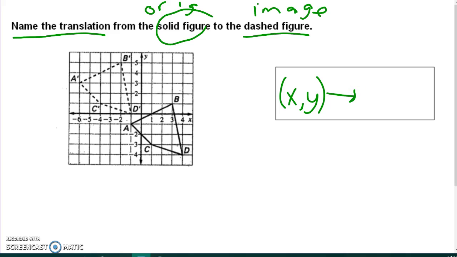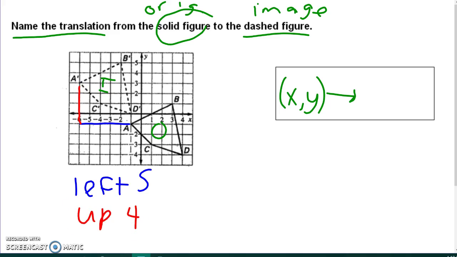So again, this one's our original, this one's our image, and let's look at A to A'. It looks like A is moving over 1, 2, 3, 4, 5 coordinates to the left, so left 5, and then it looks like it goes up 1, 2, 3, 4.